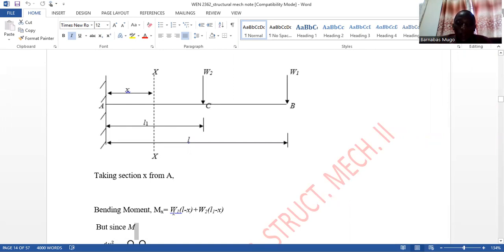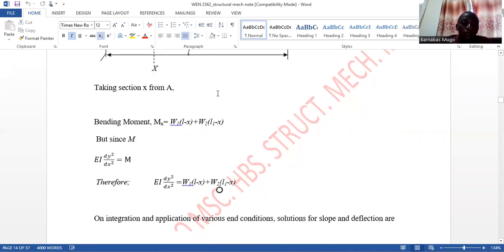We have force W1, and the distance from section XX to point B is L minus X, so we get W1 times (L minus X). Then you add W2 multiplied by (L1 minus X), where L1 minus X is the distance from C to cross section XX. And therefore this gives the moment.